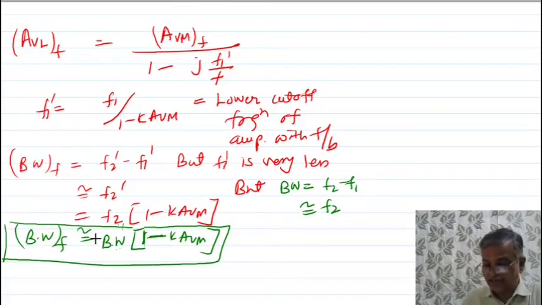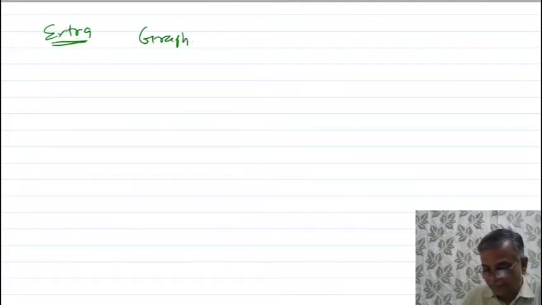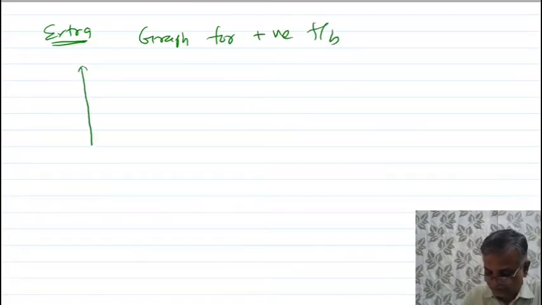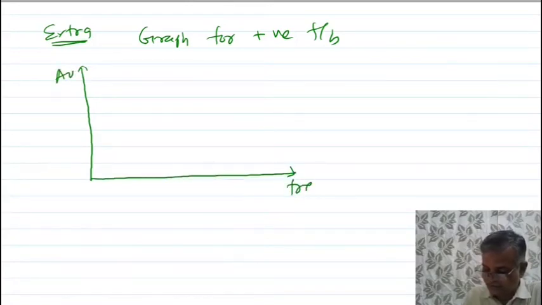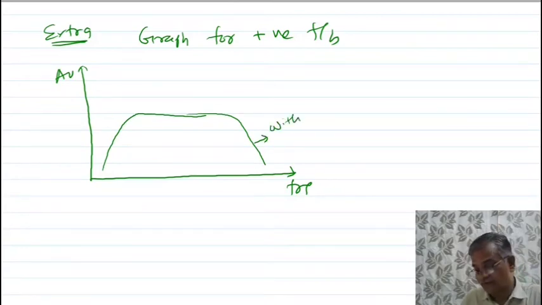Something extra I am discussing. Someone may ask, what is the graph for positive feedback? I am drawing the graph for positive feedback. Suppose this is gain, this is your frequency, and this is your graph without feedback.